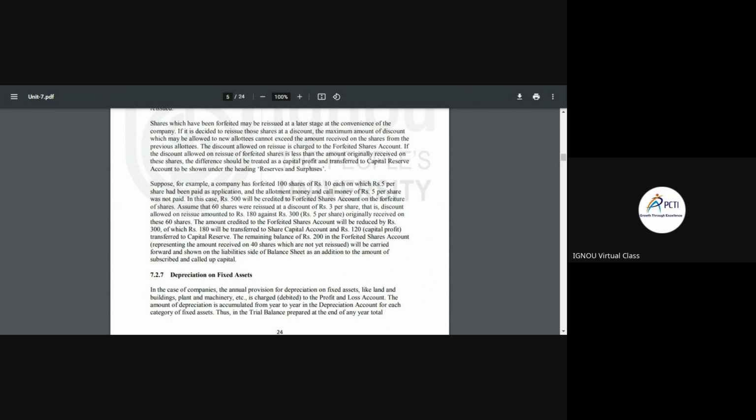So in this case, 500 will be credited to the forfeited share account.